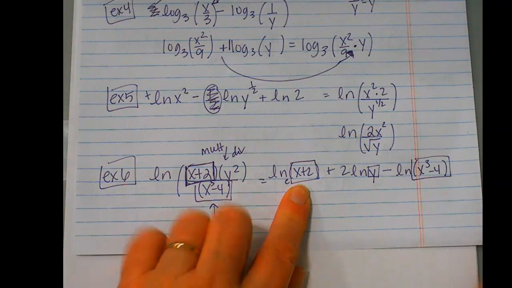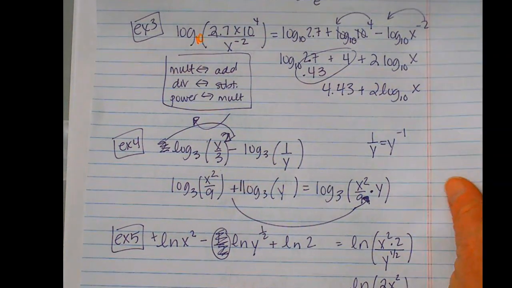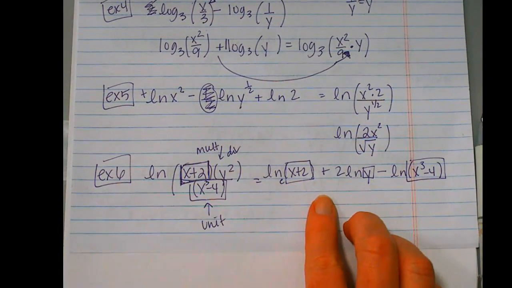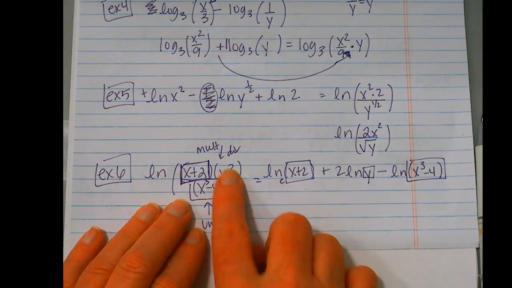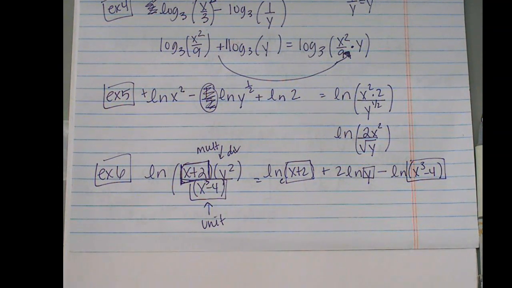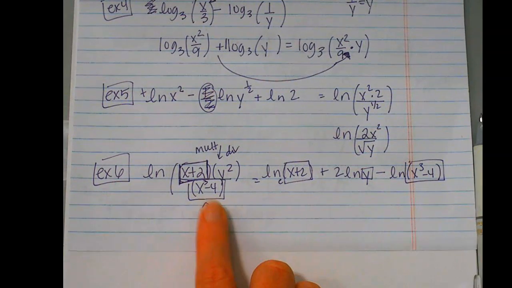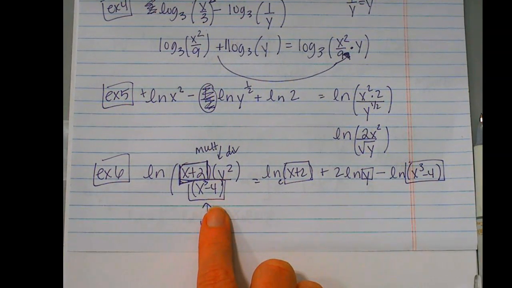Even though I have multiplication goes to addition, it's not willy-nilly, there's an order to it. It only happens when there's multiplication within the exponent that you can separate it with addition. And it takes practice to get that. So can you see those units?